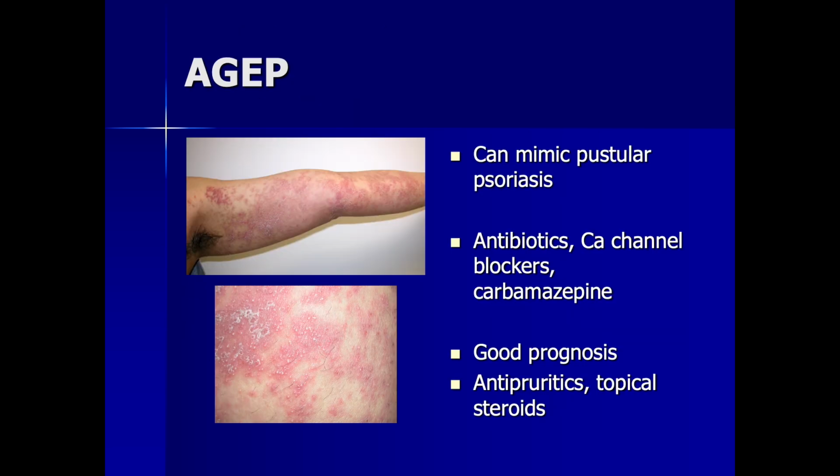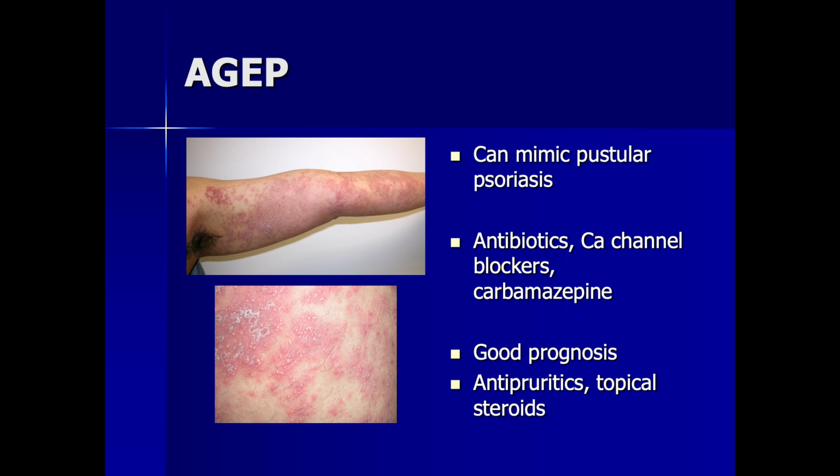So here's somebody who's got AGEP. It's on the limbs, and you can see that in the lower panel, the myriads of these tiny pustules, and where the pustules are broken open, they're leaving little areas of scaling. It can mimic pustular psoriasis, but obviously the clue to the diagnosis is one of the well-known culprit drugs having been started a couple of days before the rash starts.